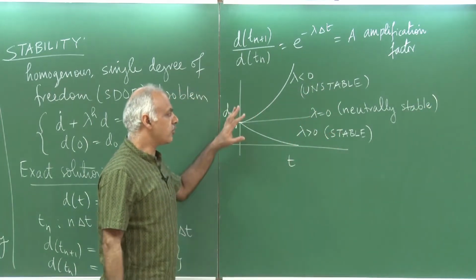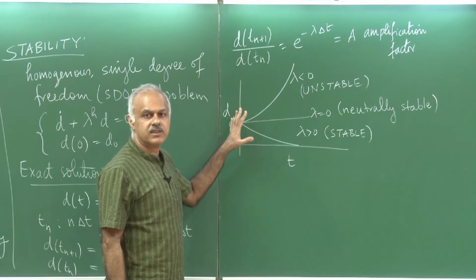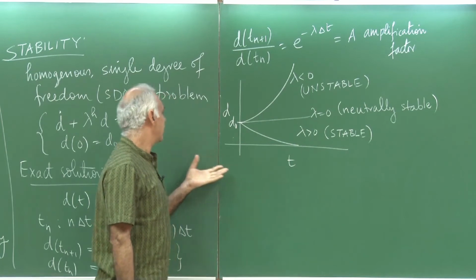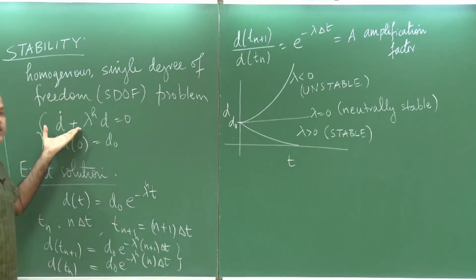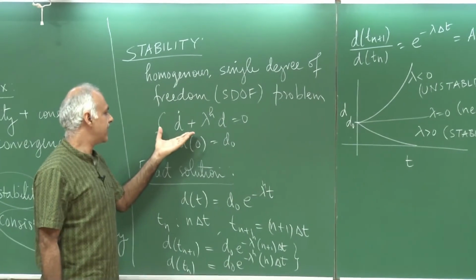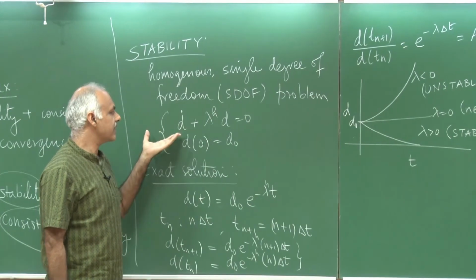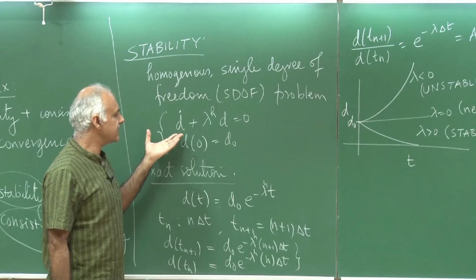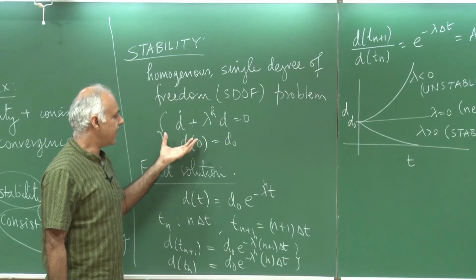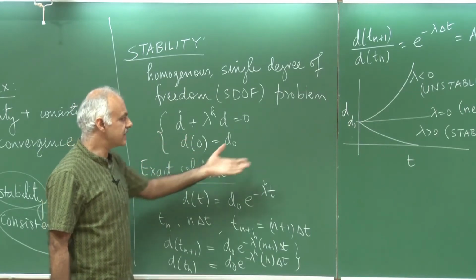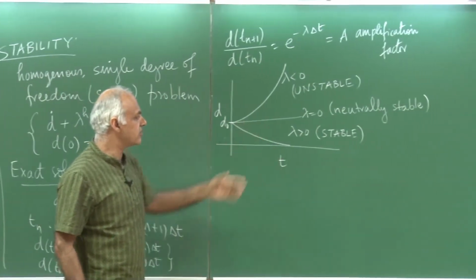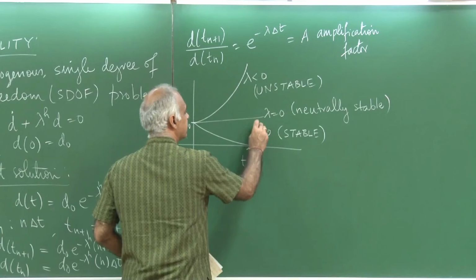Please note, so far I have not talked about the numerics at all. This is just the exact system. We considered a single degree of freedom system governed by the simple ordinary differential equation. And what is being said is that analytically the system behaves like this. It is stable for positive values of, actually these are lambda h.